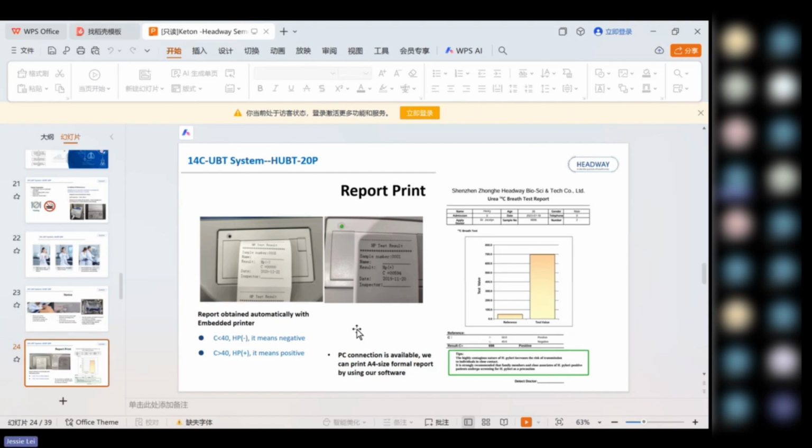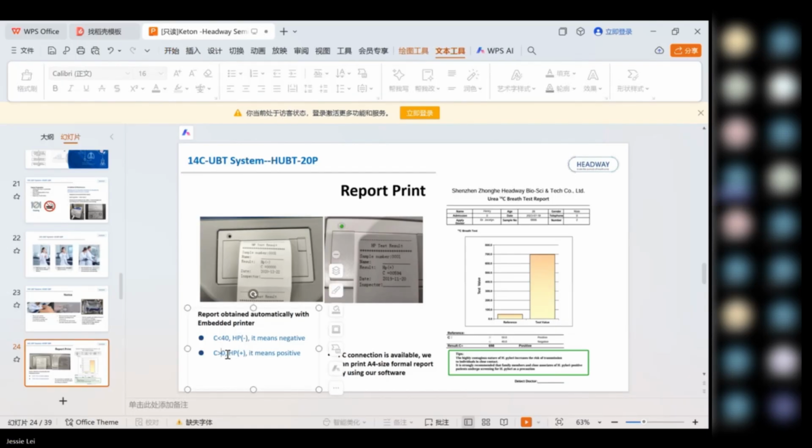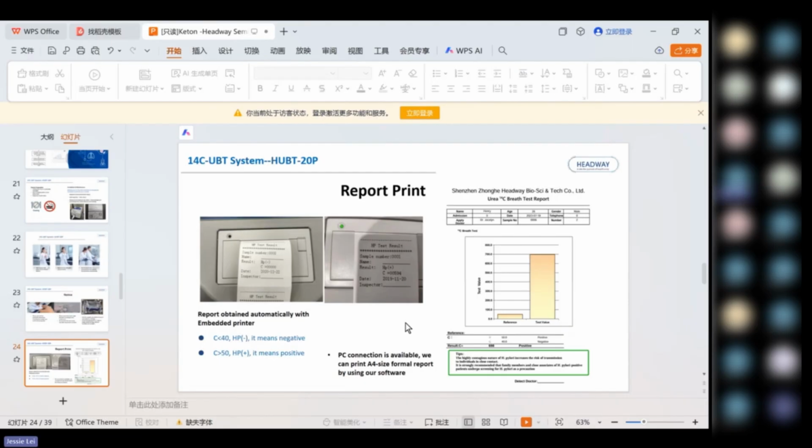If the C value is higher than 50, the HP is plus, which means positive.